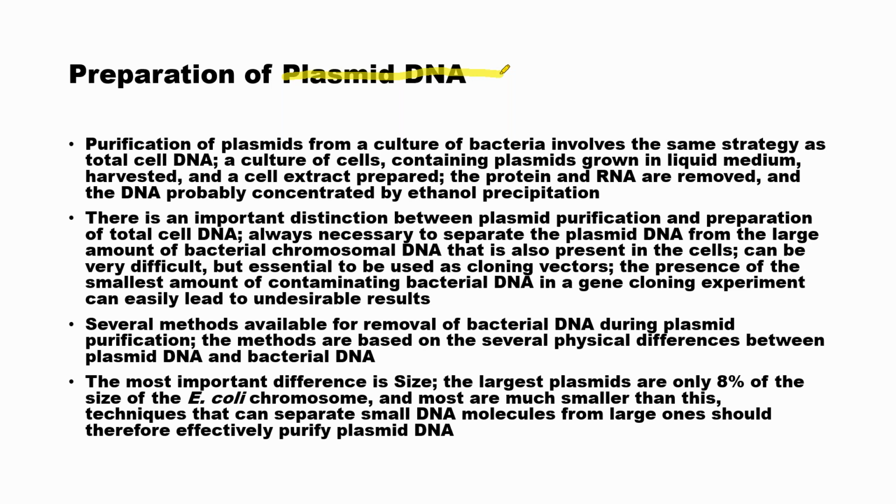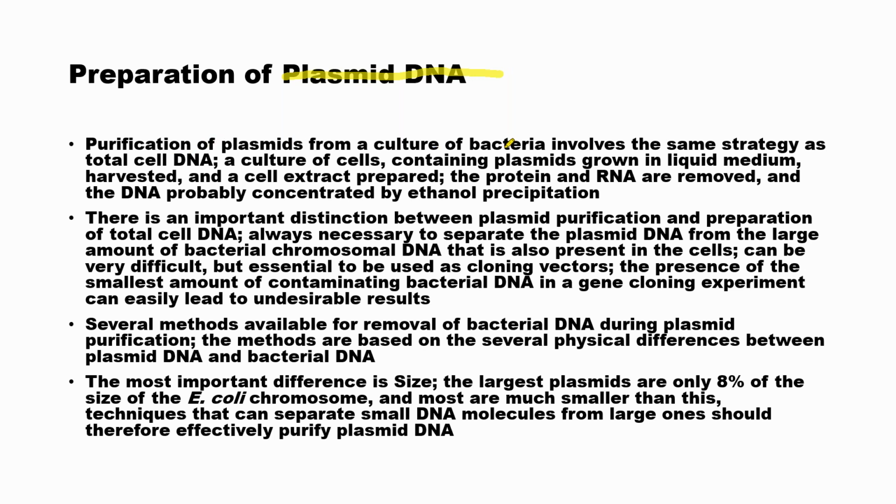When we are going for plasmid DNA preparation, our aim is to get the purest preparation of plasmid DNA, thereby removing all other contaminants, which also include chromosomal DNA, RNA, proteins, carbohydrates, etc. Clear?